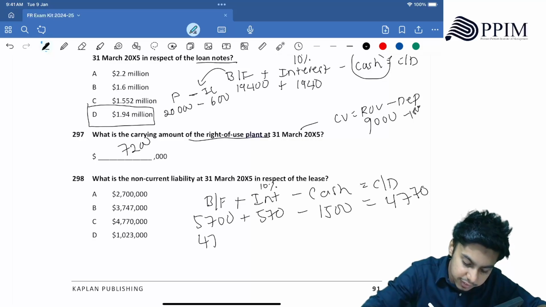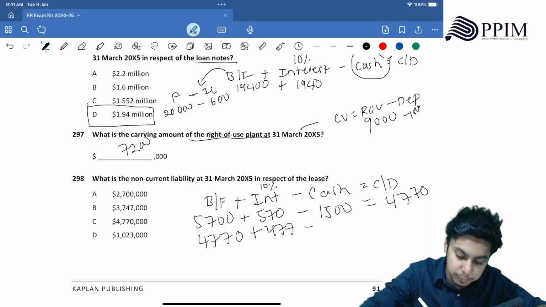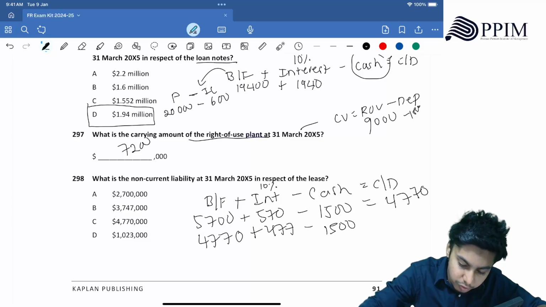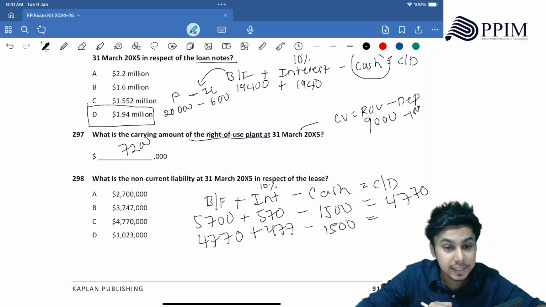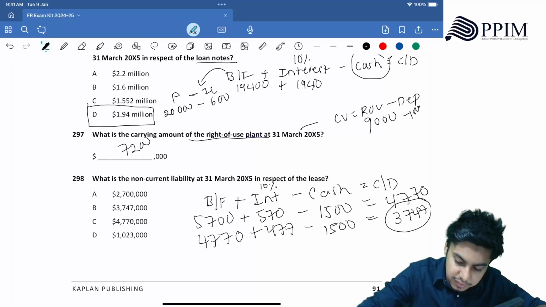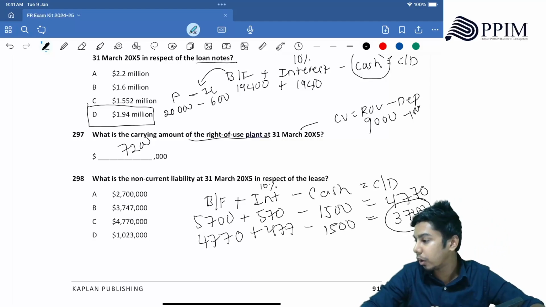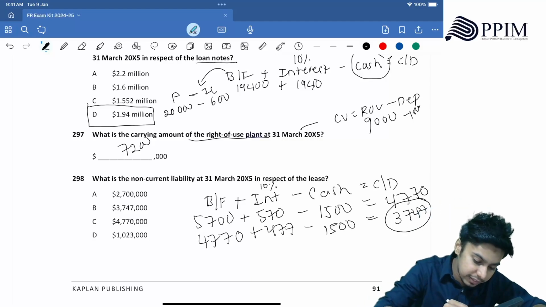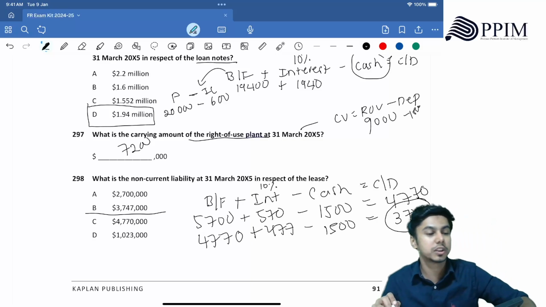Take this to this side. Again, charge another one-time interest, minus again the same installment. Then what will be the answer in that case? 3,747. Circle this. This only will become your non-current liability. Therefore, the answer has to be option B.